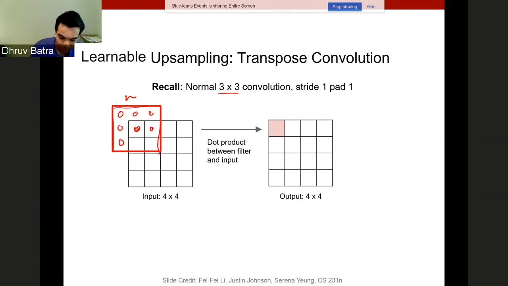Everywhere where there is overlap between the filter and the input, you multiply those things and add them, and you store that output in this Y 0, 0 location. So when you have to produce Y 0, 0, you place the filter at a particular location. You take a dot product of this input with respect to the filter, and you have that output. Stride is something that happens on the input side. So when you have to produce Y 0, 1, you slide the filter on the input side.